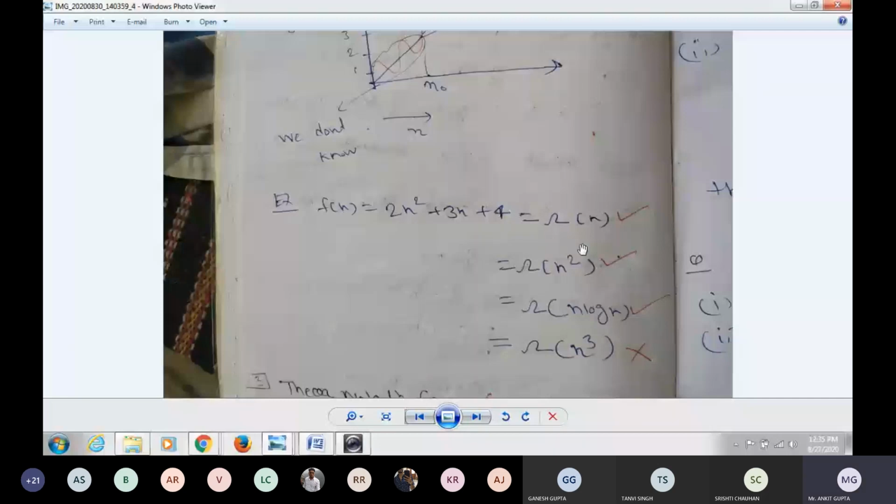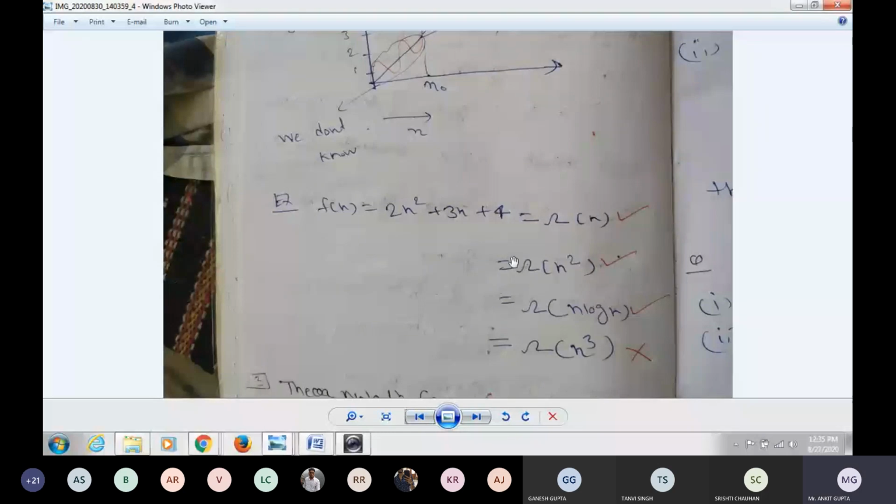It is true, because n square greater than or equal to n is always true. And second, 2n square plus 3n plus 4 equals big omega of n square. So n square greater than or equal to n square will always be true. It is fine, it will also be true.